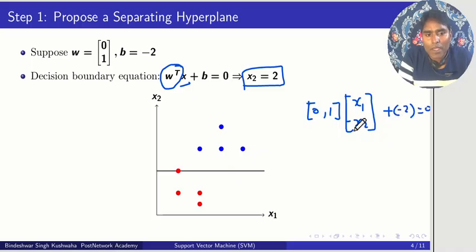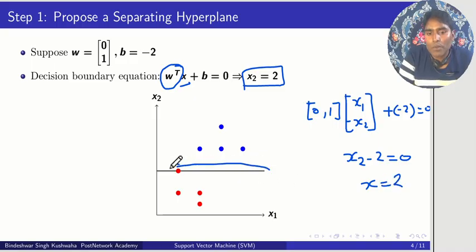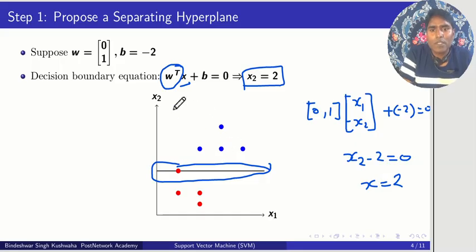After simplifying you will get x2 minus 2 is equal to 0. So x2 is equal to 2. That is the planar line that is separating data points. I have chosen it myself, so this may be one of the classifiers. x2 is equal to 2 here.